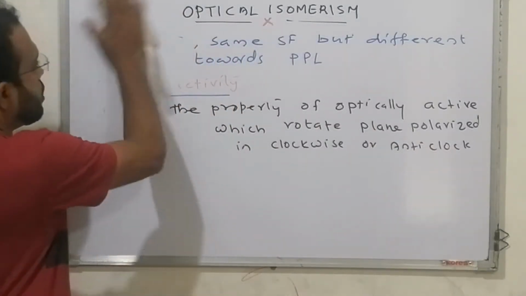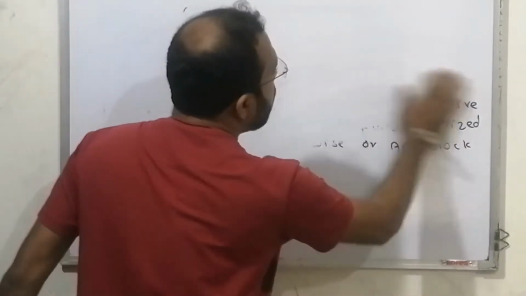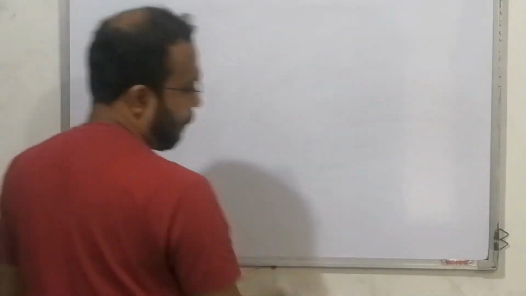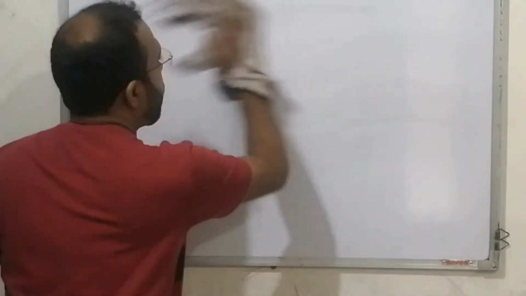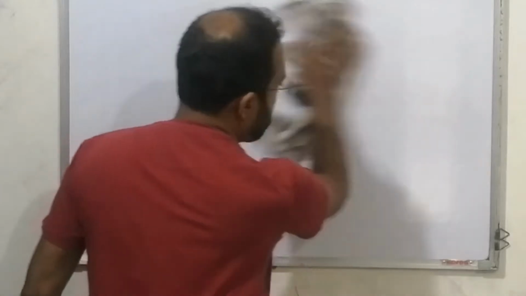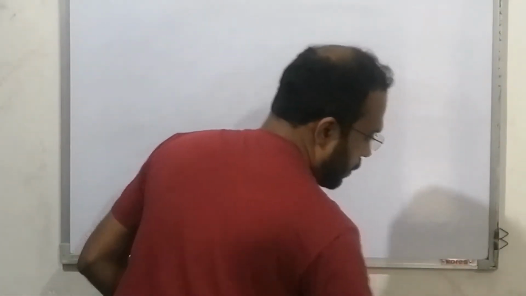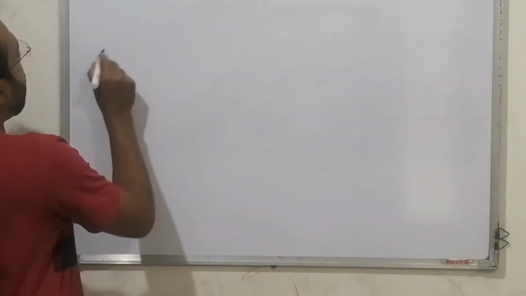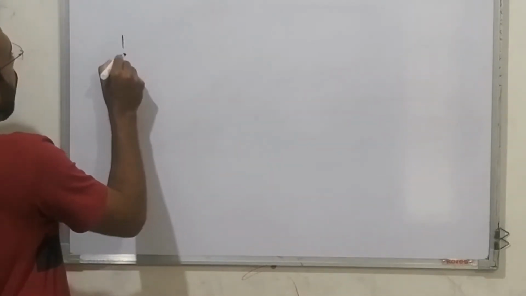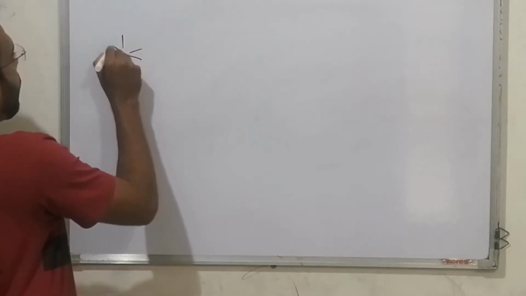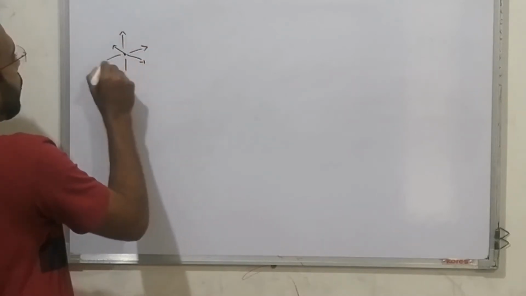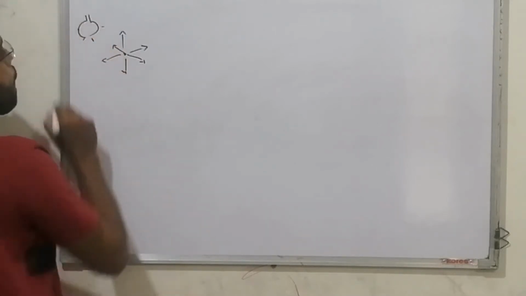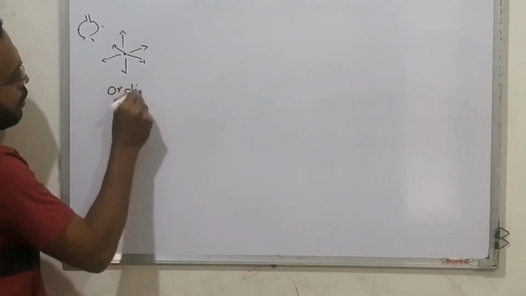Now, let us explain in detail. This is an ordinary light, a light from a bulb.